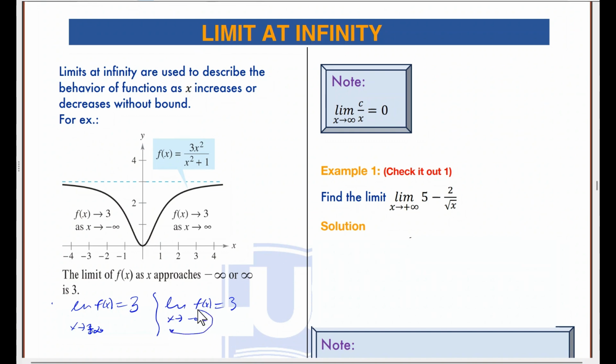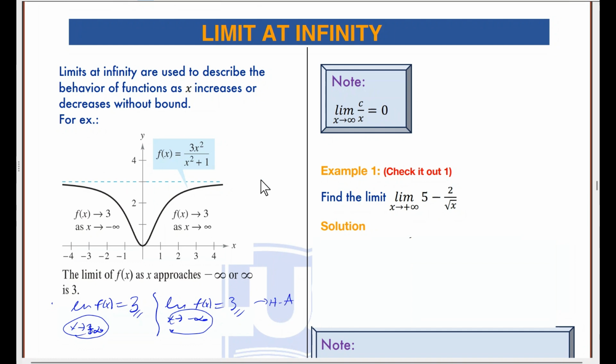When x values are increasing or decreasing without bound, heading towards positive or negative infinity, it is called limit at infinity. And whenever there is a limit at infinity, the value that the function is approaching is called the horizontal asymptote.